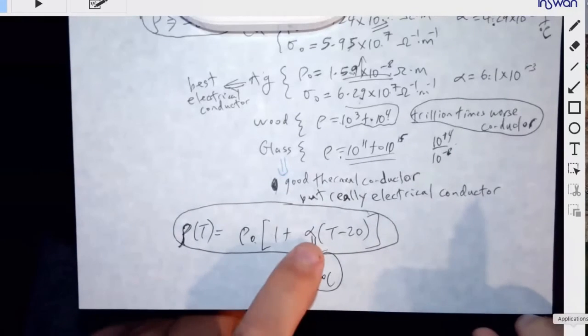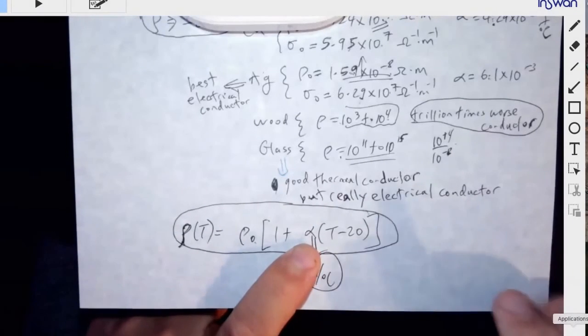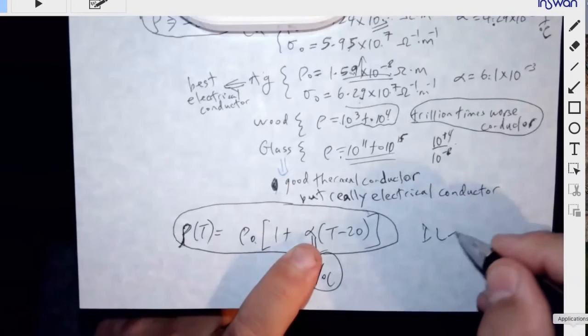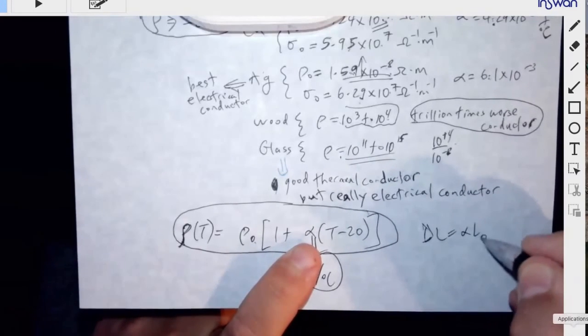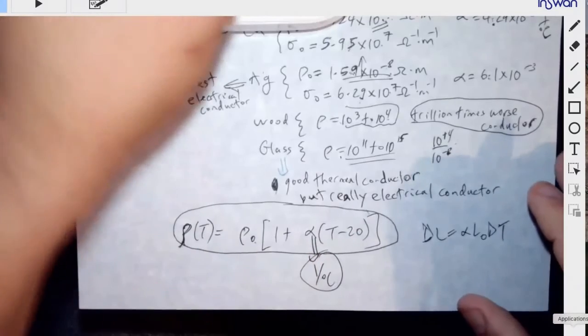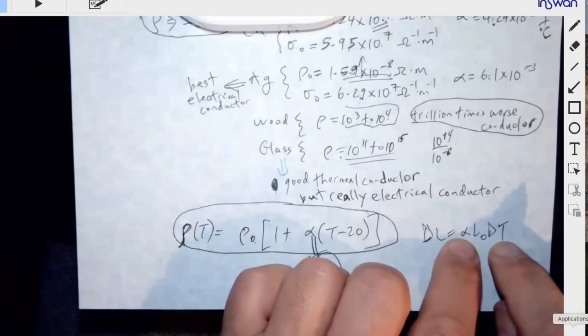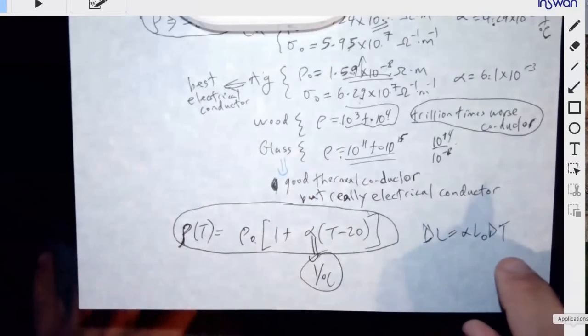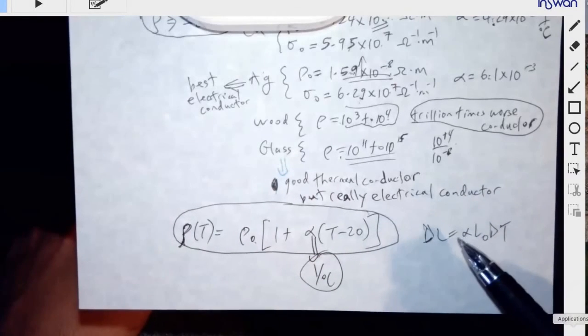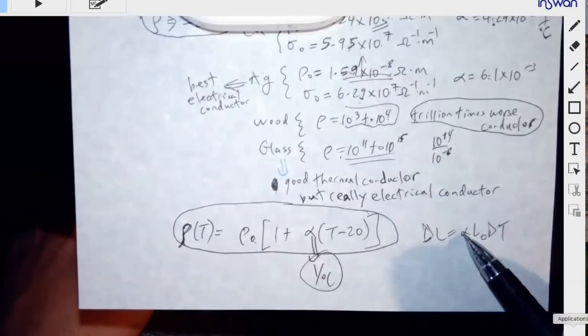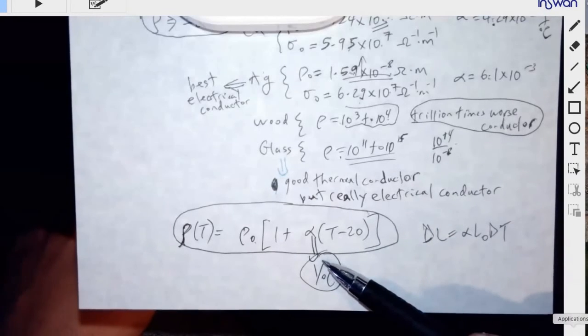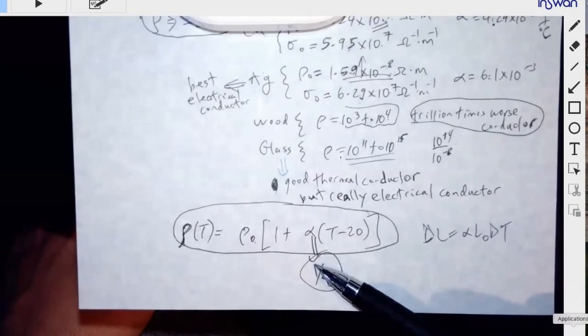It reminds me of the length expansion equation, which was also 1/Celsius, but it's not really related. That one tells you how much something expands, and this one says how much its resistivity increases when you increase the temperature.